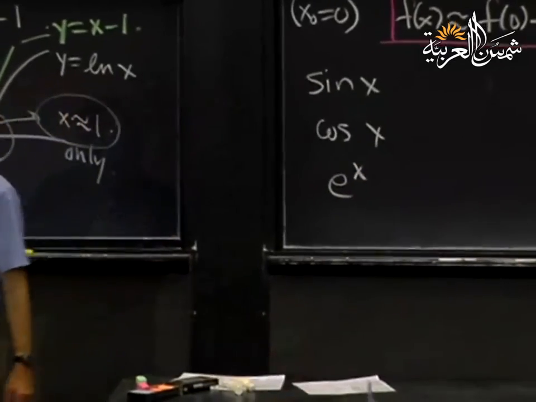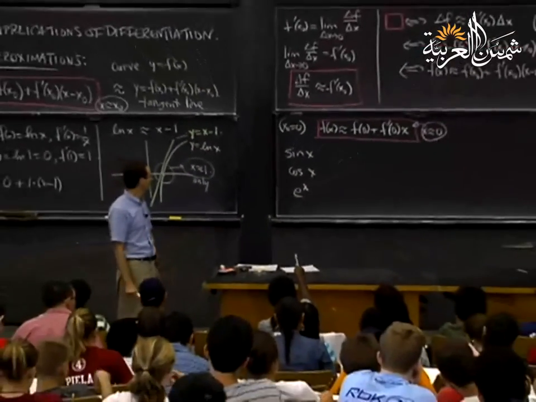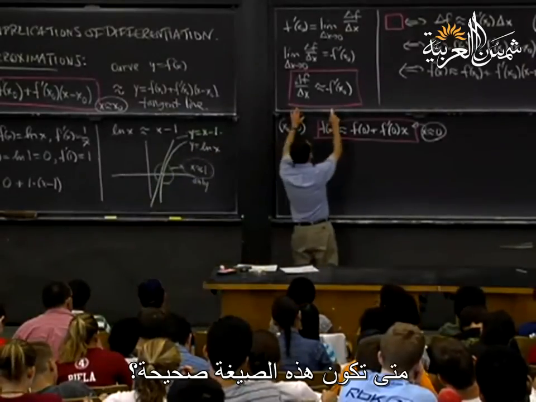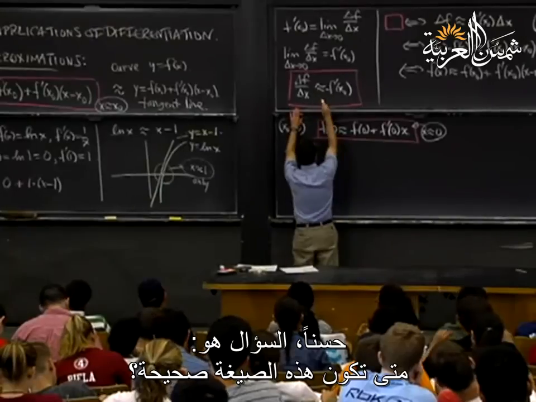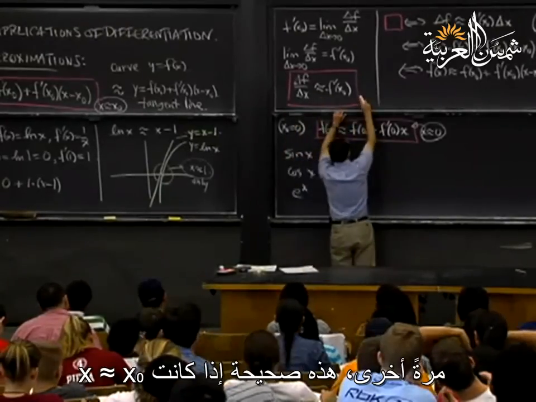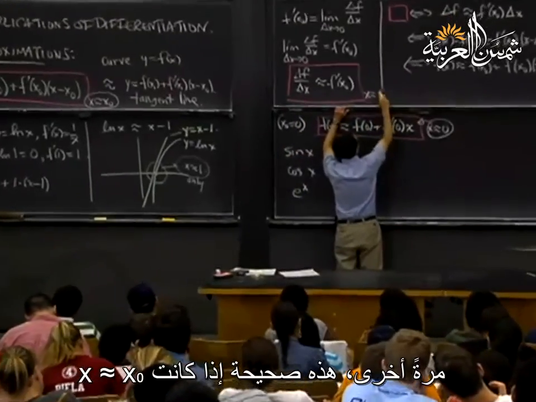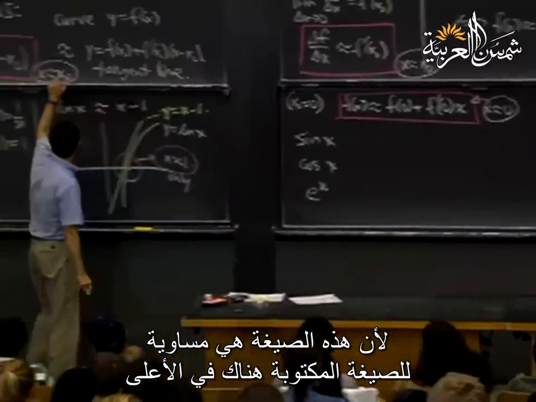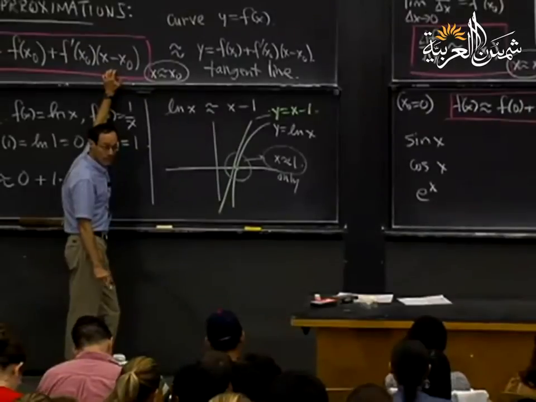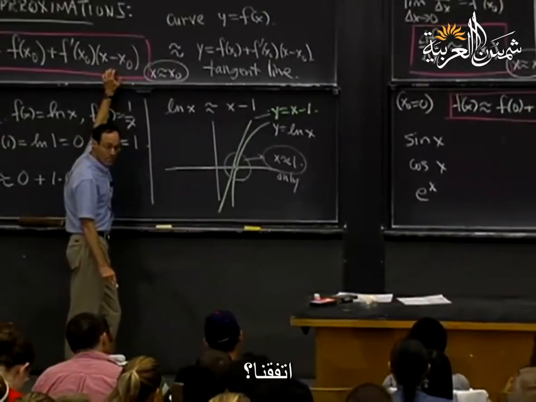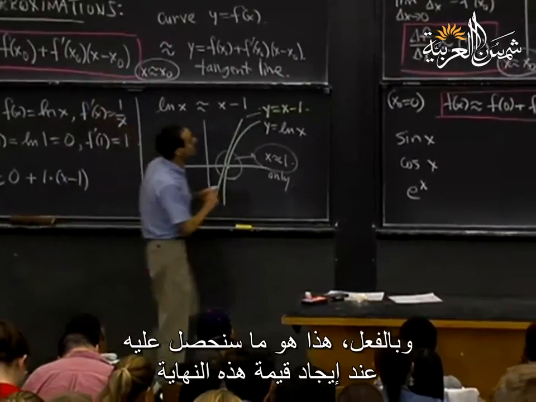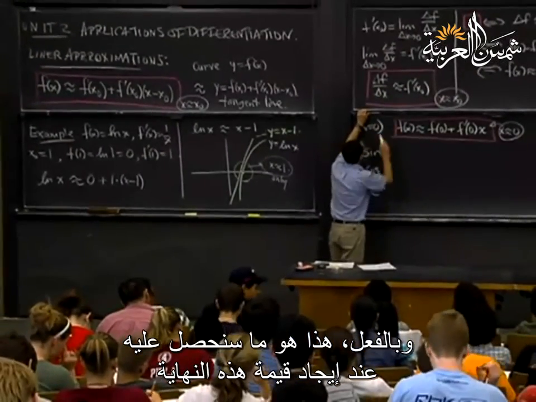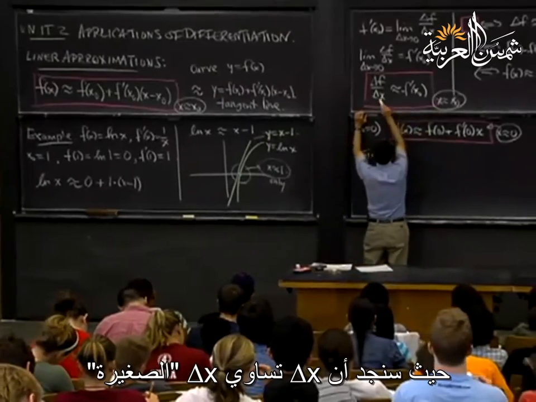Yeah, question. When does this one work? Well, so the question was, when does this one work? Again, this is when x is approximately x0, because it's actually the same as this one over here. And indeed, that's what's going on when we take this limiting value. Delta x going to 0 is the same as delta x small.